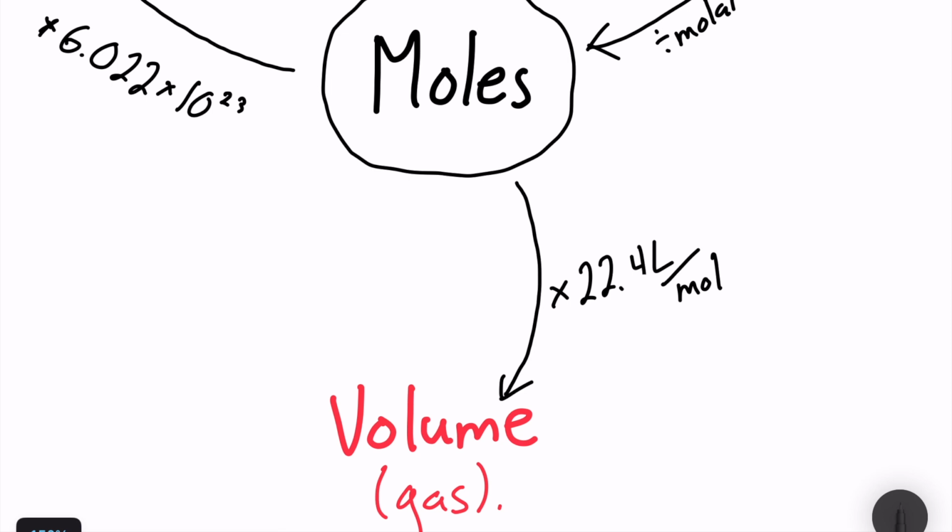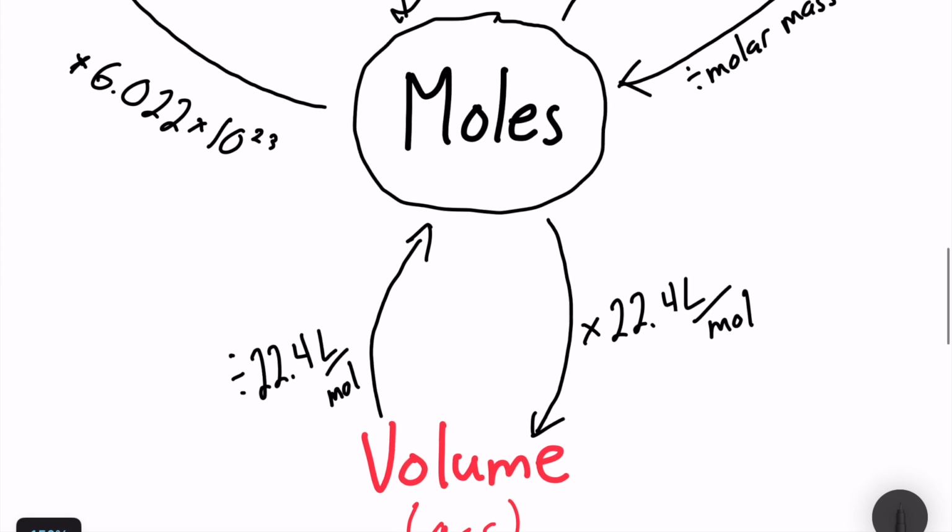Okay? And again, we're going to do the exact opposite here. If you want to get from volume of a gas to moles, you will have to divide by that same number, so 22.4 liters per mole, and it should look something like that.